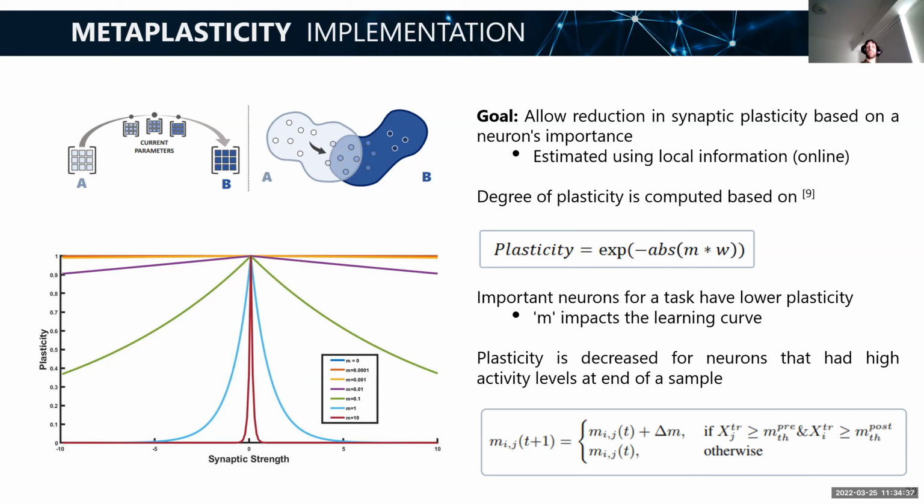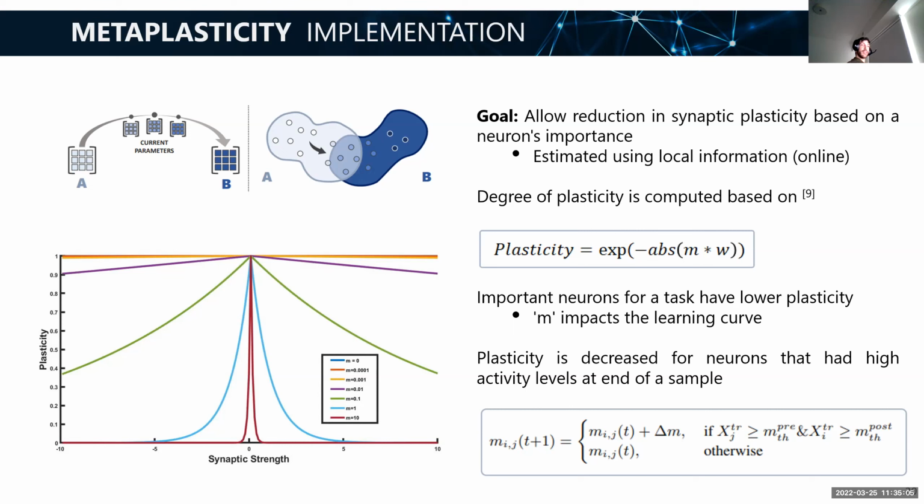So now you have no need to estimate your importance. Your importance is given by your weight value. The larger your weight, the more important that synapse must be, and therefore we're going to reduce the learning of that synapse. It worked well for them, and it works in our model too, but we'll show that later on.